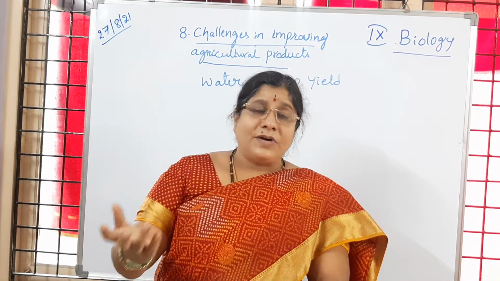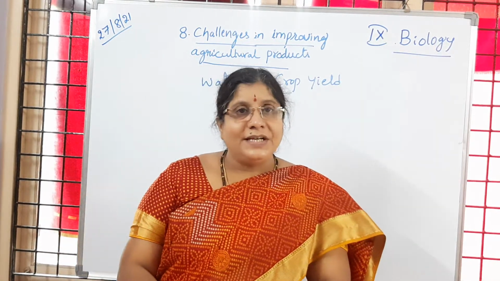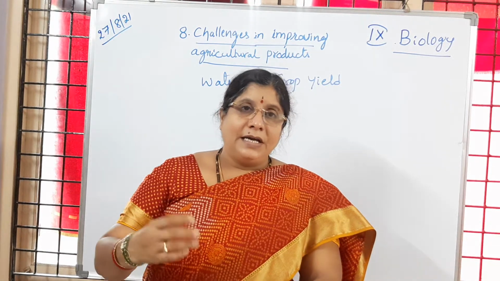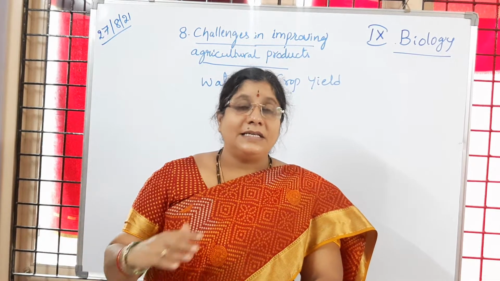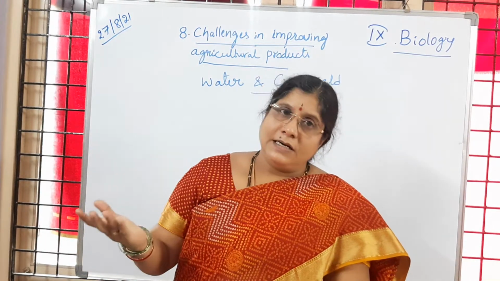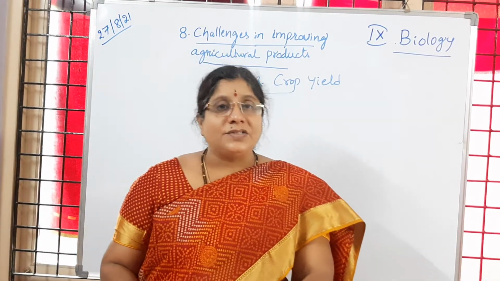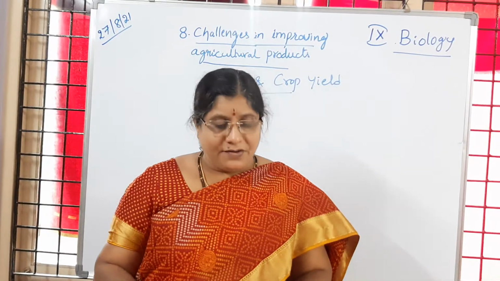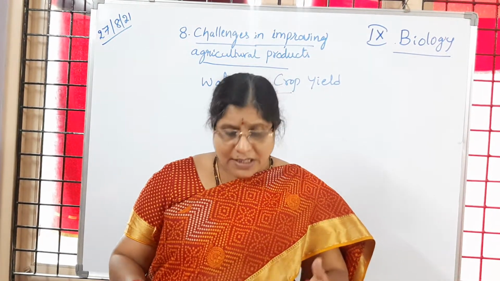After one month of rains, when he starts sowing seeds, if germination is delayed from the beginning, that results in less availability of water, which shows less yield of the crop. Is it not, children? So that's why water facility is very important for the crops to give good yield.